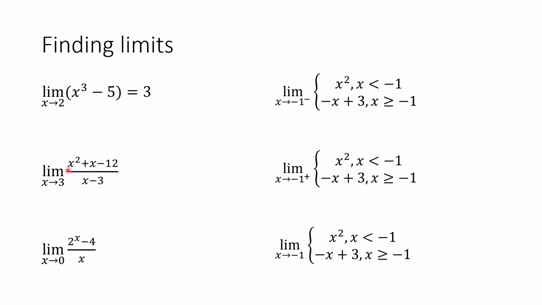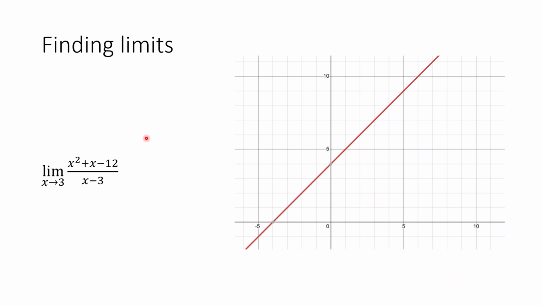The next one, though, we may notice that we have a problem, because as x goes to 3 in this function, I'm going to be getting 0 in the denominator. The function looks like a line, but actually the value at 3, as I said, is undefined, because the denominator would be equal to 0.